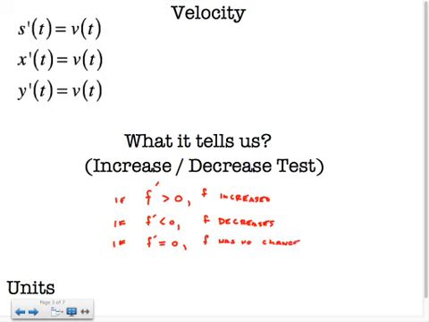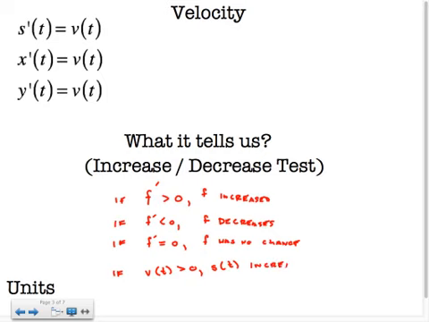So we're going to translate those 3 ideas into the physics world here. So what happens if v of t, which is the same as s prime or x prime or y prime, is greater than 0? Well, if v of t is greater than 0, then your displacement or your position function is going to increase.